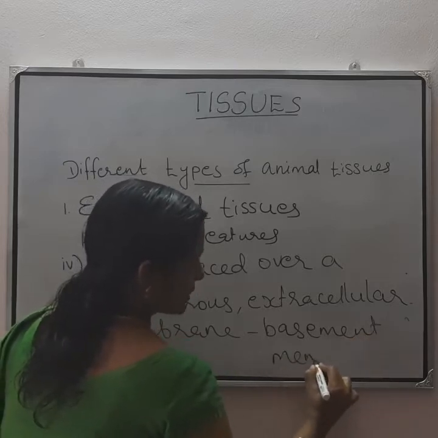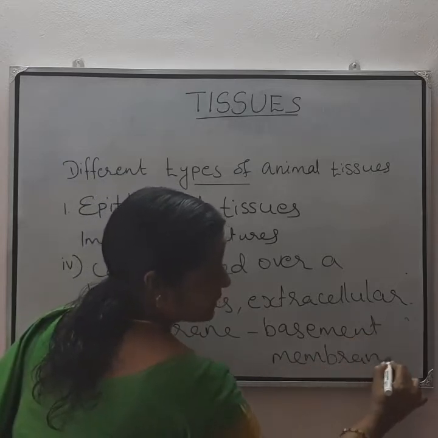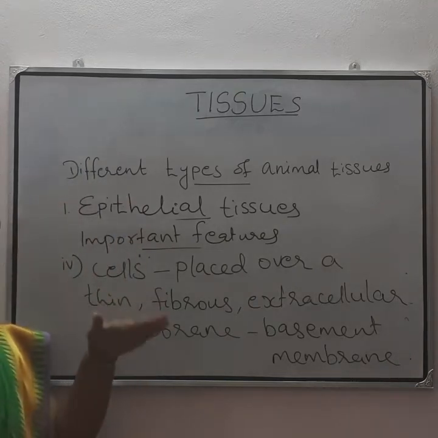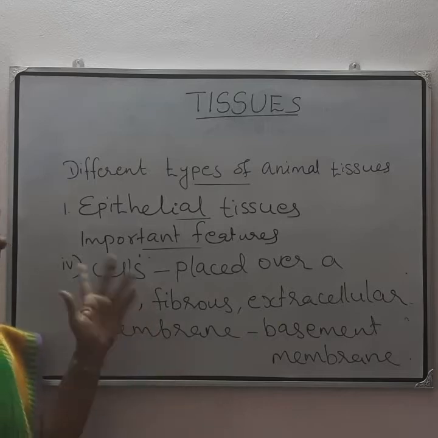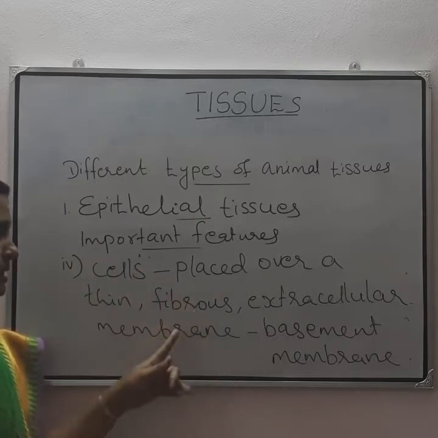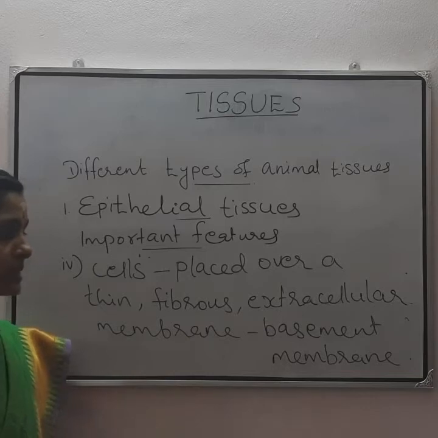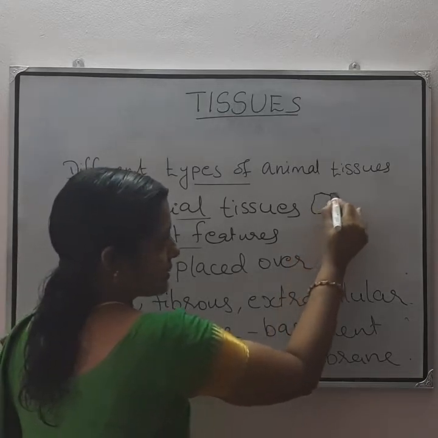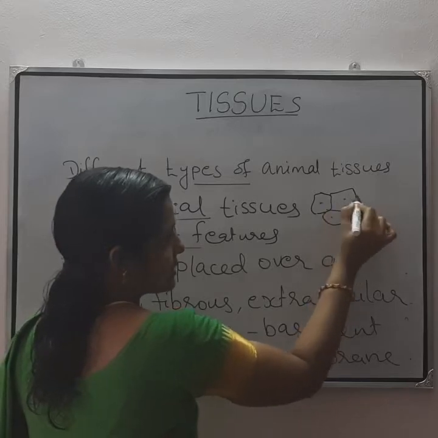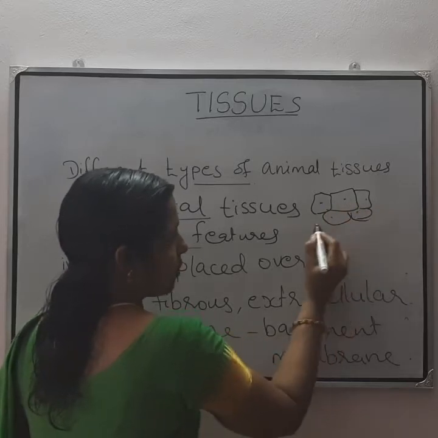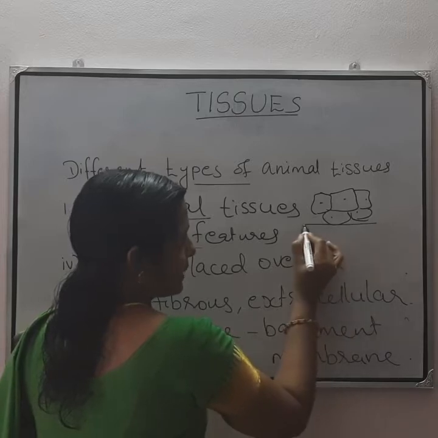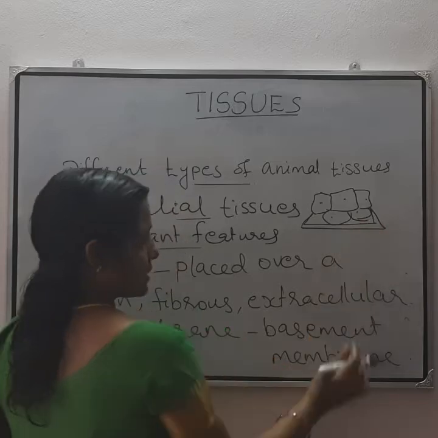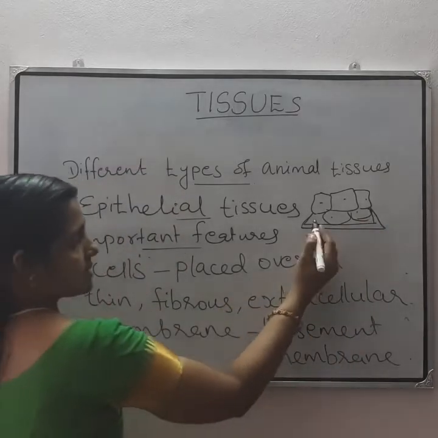Basement membrane. So what is that basement membrane? The cells of these epithelial tissues are placed over a thin extracellular fibrous membrane, and that membrane is called the basement membrane. Suppose these are the cells, and these cells are placed over a thin membranous fibrous membrane.